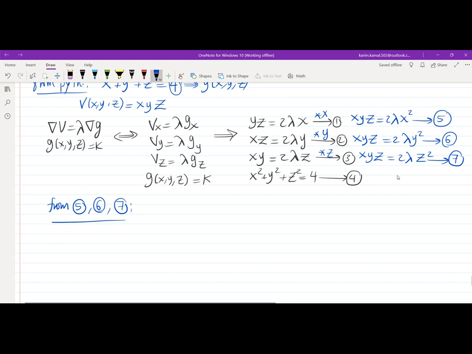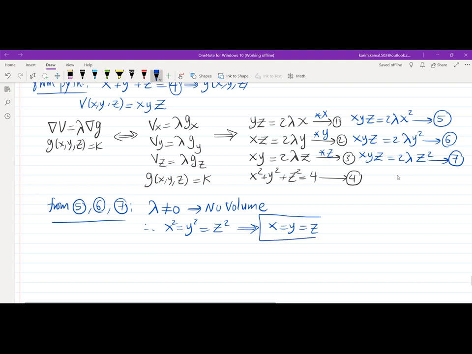In this case we will get no volume if lambda equals 0. Therefore x squared equals y squared equals z squared, and this leads us to x equals y equals z, and for sure we neglect the negative value since x, y, and z are all dimensions.